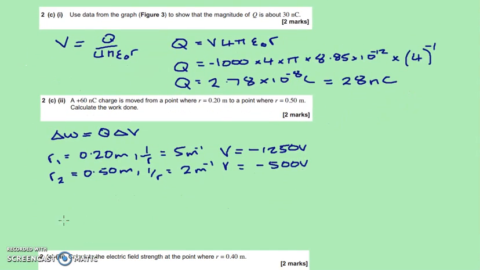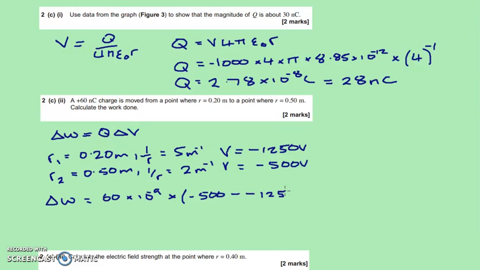So looking back at our equation, our work done is 60 times 10 to the minus 9 coulombs, which is our charge that's given in the question, multiplied by the difference in potential. So it's our final, which is minus 500 volts, minus minus 1250.